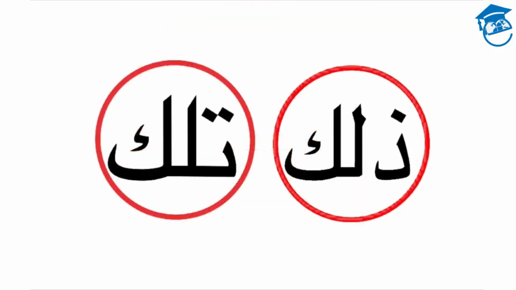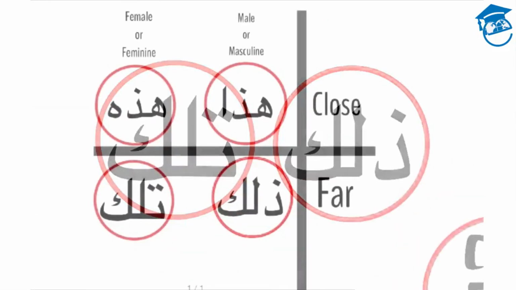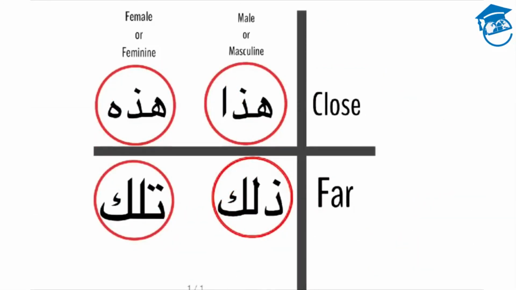So by now, you should understand the difference between dhalika and tilka. Both words, dhalika and tilka, mean that, but dhalika is used for males and tilka is used for females. Dhalika is used for things which are masculine and tilka is used for things which are feminine. Now let's recap which ism el-ishara you need to use.